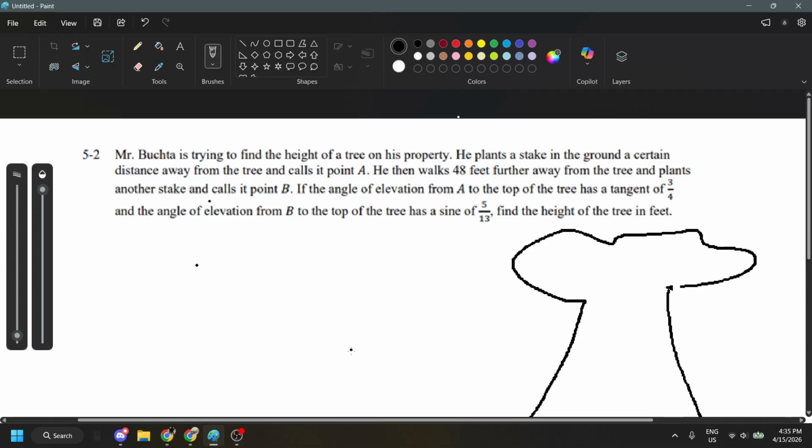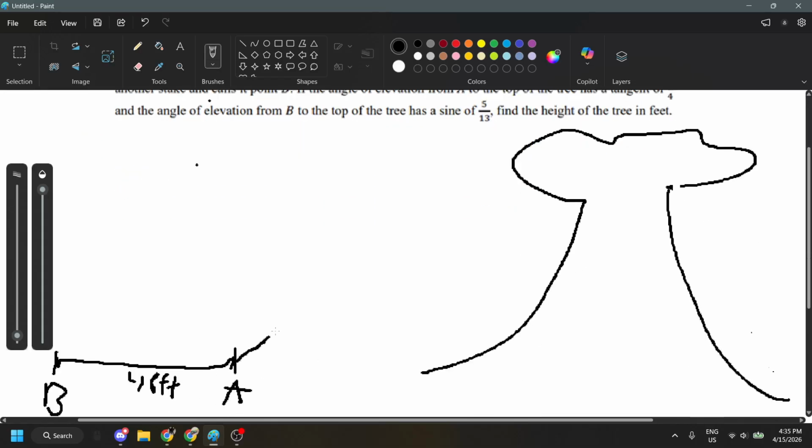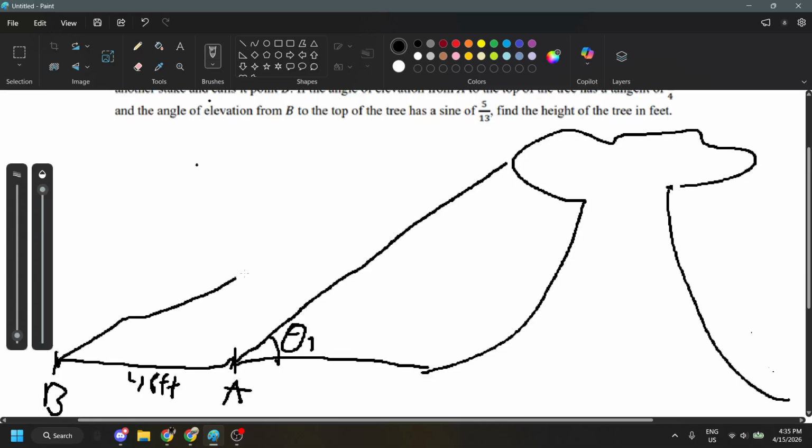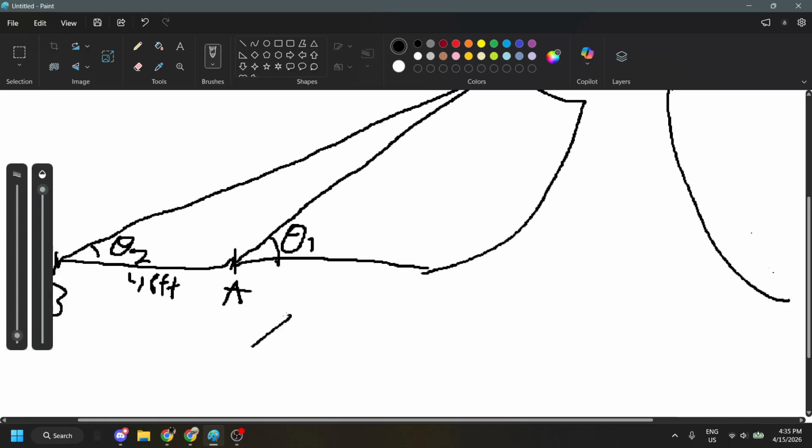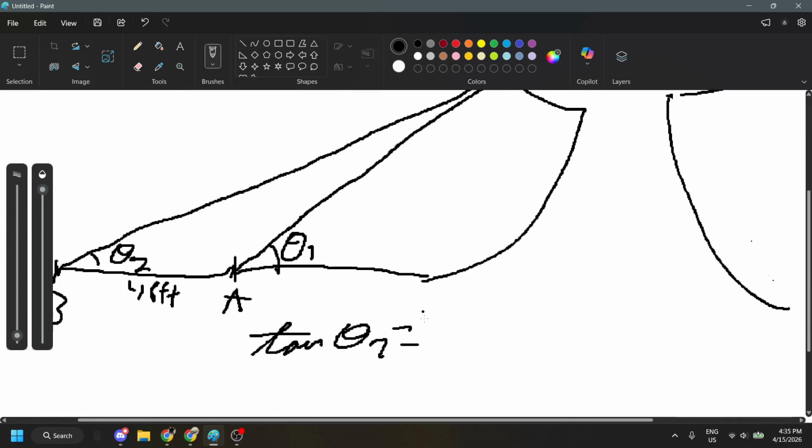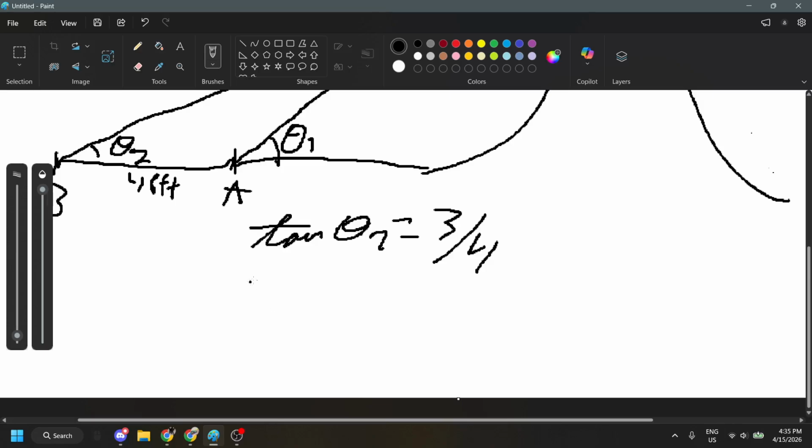The angle of elevation to the top of the tree is a tangent of 3/4. Let's say this has theta 1 and this has theta 2, so tangent of theta 1 is equal to 3/4, and sine of theta 2 is equal to 5/13.